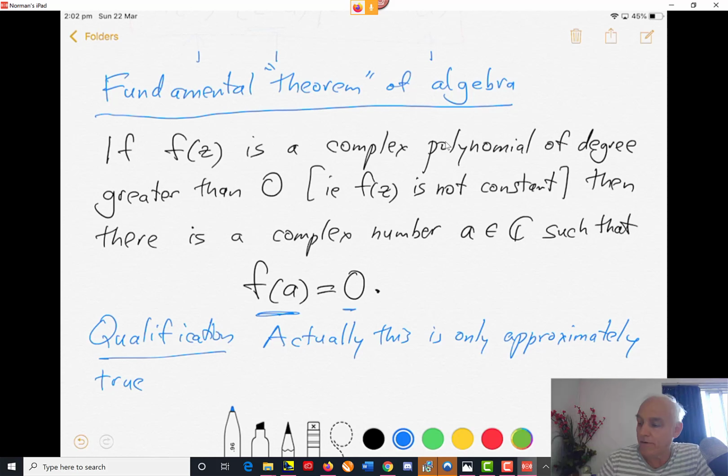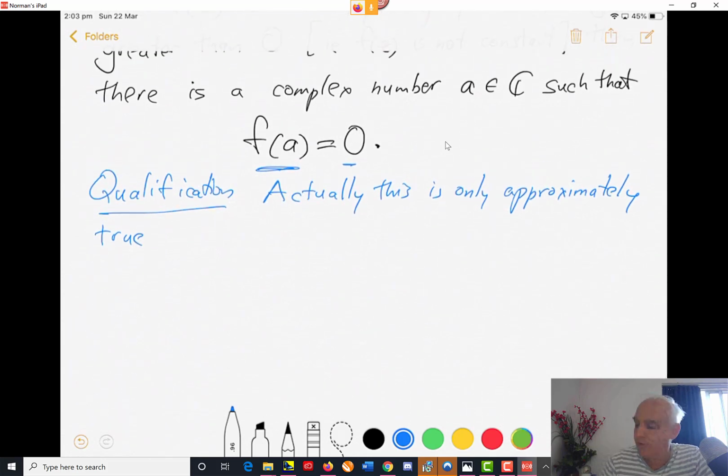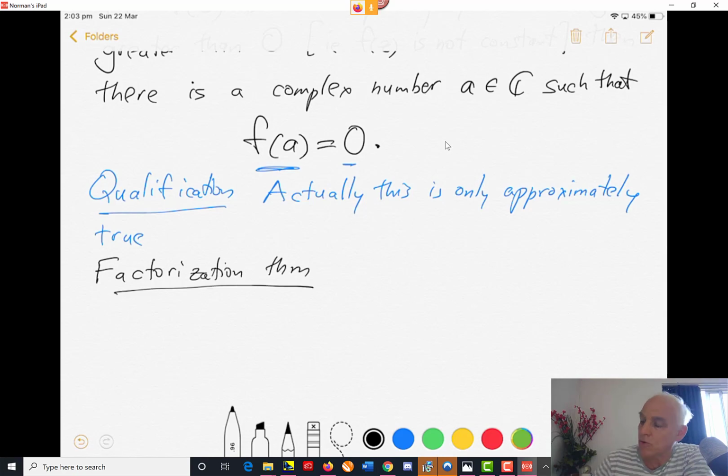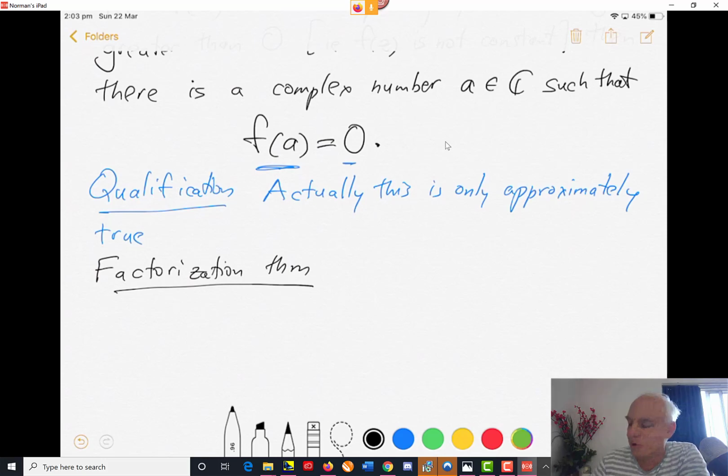Even so, it has a lot of very important consequences. One consequence is what we might call the factorization theorem. We'll state it in the usual way, but it again probably needs to be qualified to make it approximate.